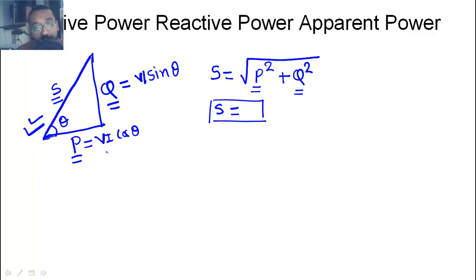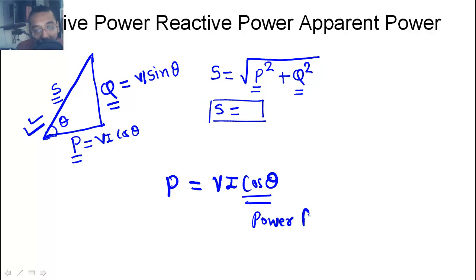So before going into that detail, I would like to tell you the formula for the power consumption at your home. Power consumption at your home is P equals VI cos theta, where cos theta is your power factor.